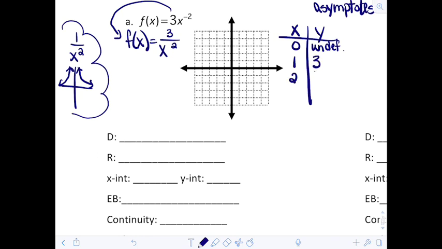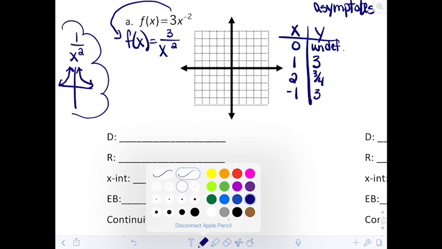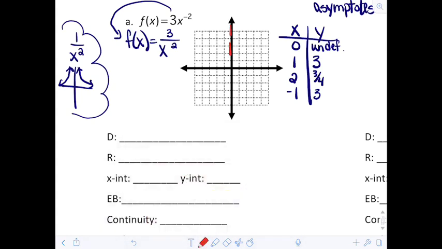I picked 2, and that gives me 3/4 as a y value. And I also picked -1, which also gave me 3. These are going to be symmetric over the y-axis, if you remember that parent function, because again, we're not shifting left to right, we're just stretching it, a vertical stretch or expansion by a factor of 3. So as I draw this vertical asymptote, making sure we see that, and then I have the point 1, 3.